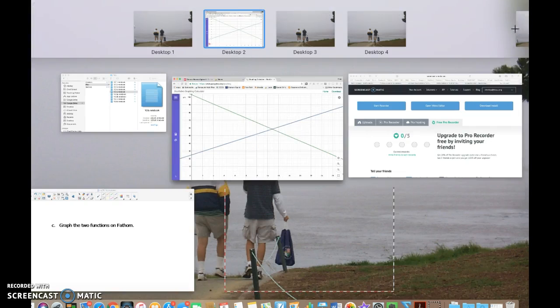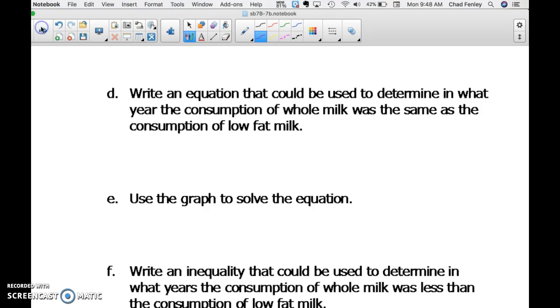We have our two functions graphed, and question D says, write an equation that could be used to determine in what year the consumption of whole milk and low-fat milk was the same.